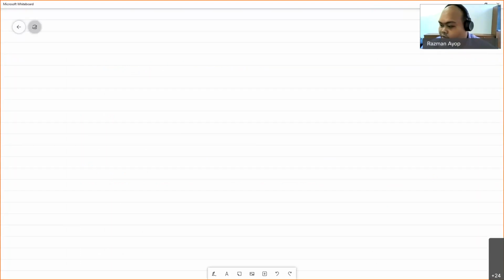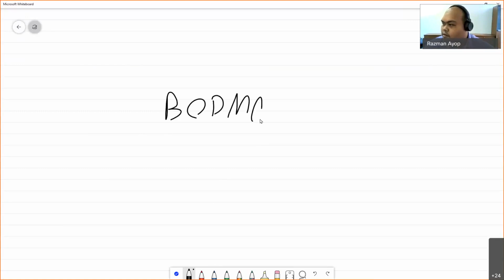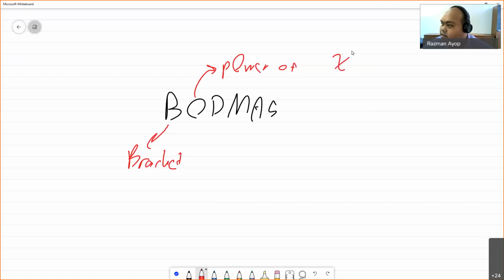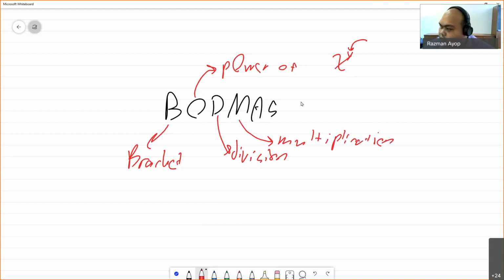When it comes to MATLAB, you have to make sure that you know this. So BODMAS: this one is bracket, then power of, then division, multiplication, addition, subtraction.